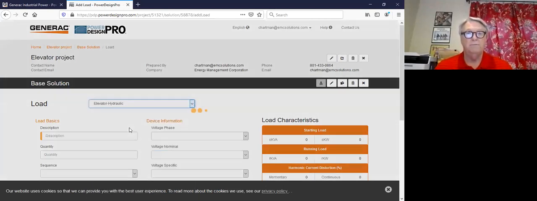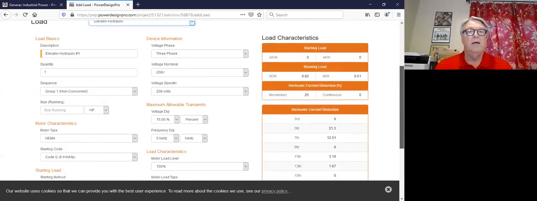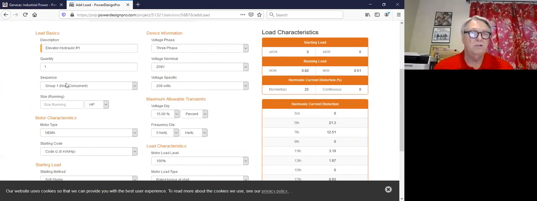So I will add a hydraulic elevator. So we've got hydraulic elevator number 1. And notice here it says group 1. You can either do steps or you can do groups. If you do a step, it's going to start every load in the step at the same time. If you do groups, it will start the loads one at a time in the group, with your largest load starting last.